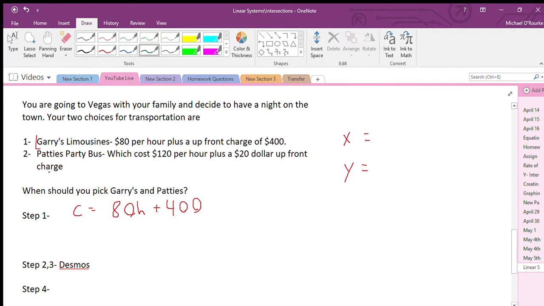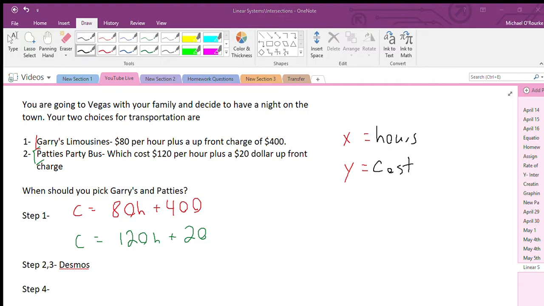Where Patty, the cost for Patty is $120 per hour plus $20 sign-up fee. Okay, let's take a look at what this means though. So it looks like the X is for hours and the Y is for cost.